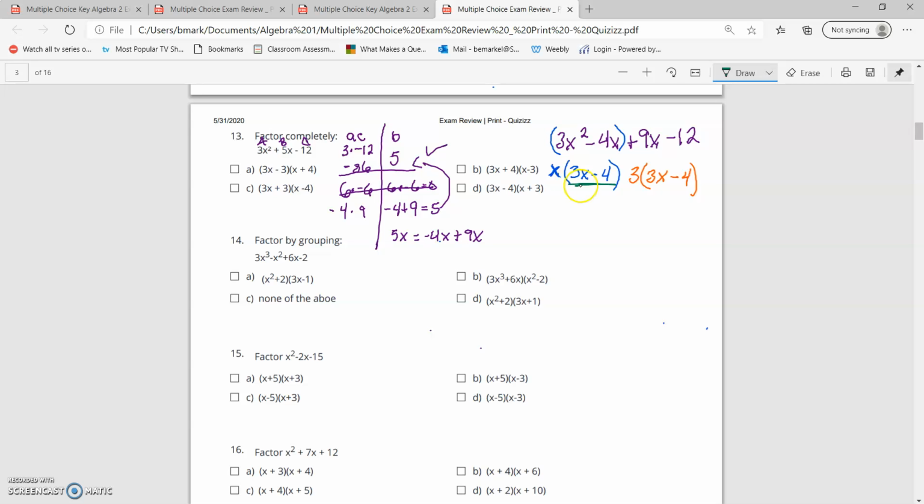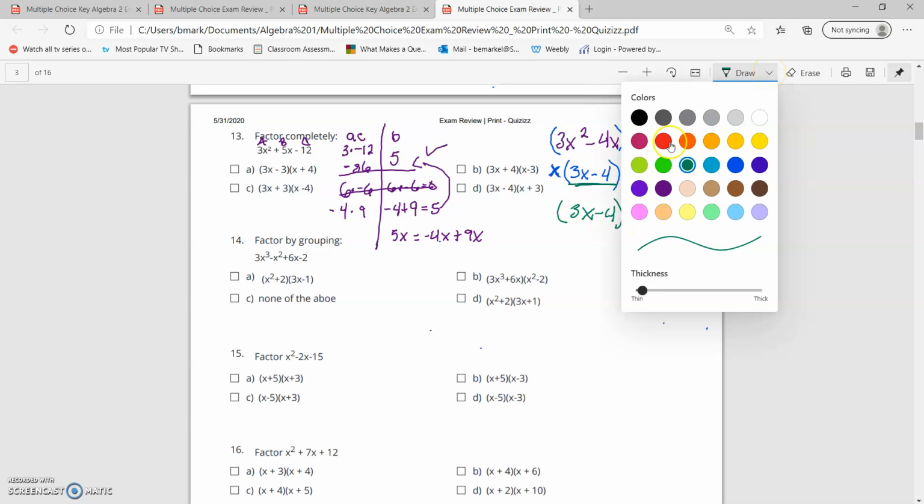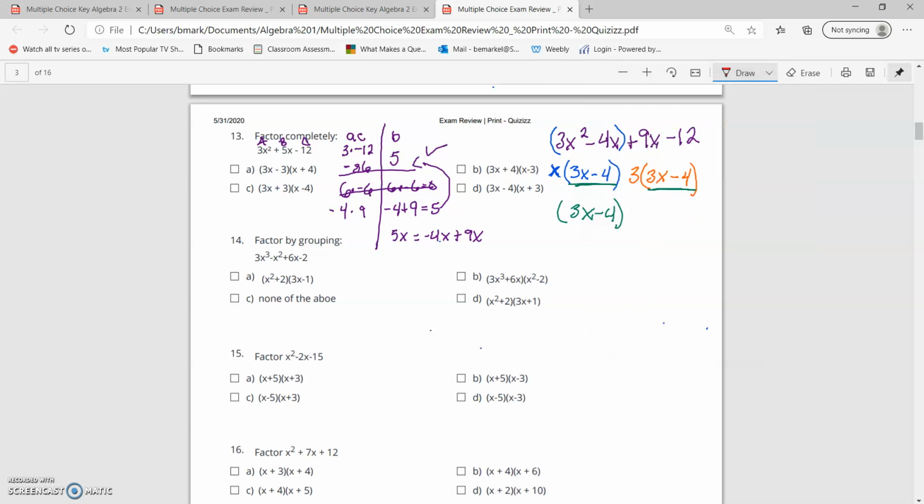So now I notice my parentheses are the same, so that's one part of my answer. And my other part of my answer are the numbers that we just pulled out front. So x plus 3.